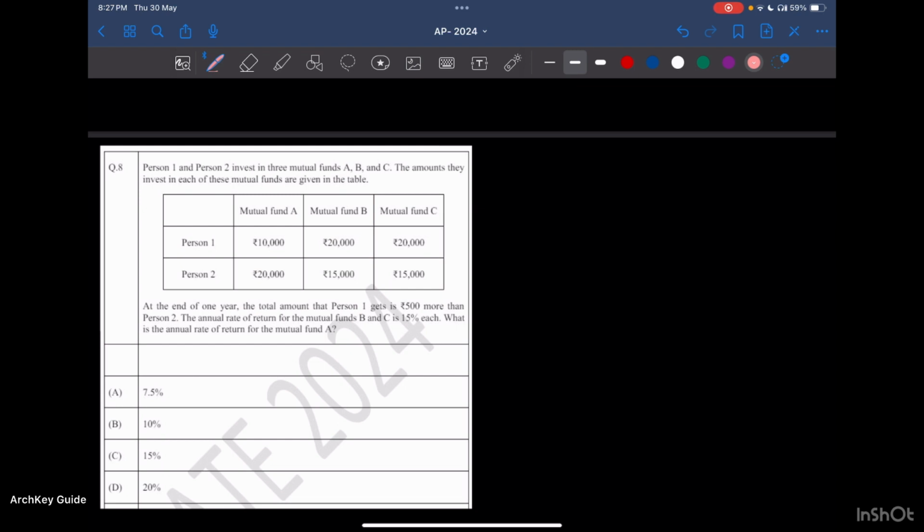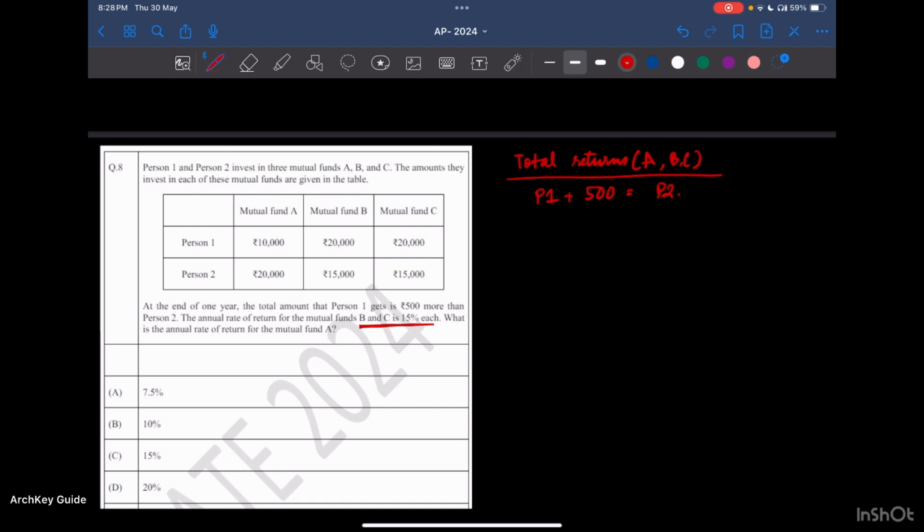Which means total returns from mutual fund A, B, and C, Person 1 has 500 more than Person 2. Next statement. The annual rate of return for the mutual funds B and C is 15% each, as in 15% for both Person 1 and Person 2. What is the annual rate of return for the mutual fund A?